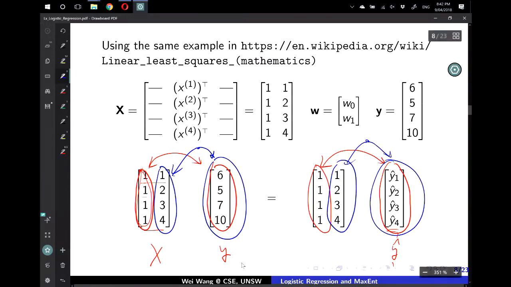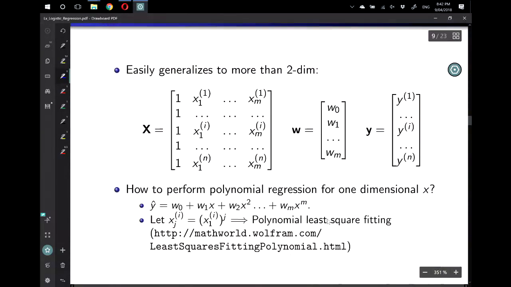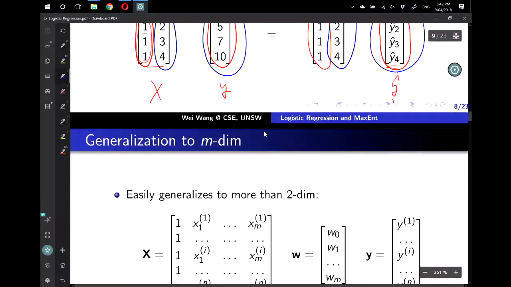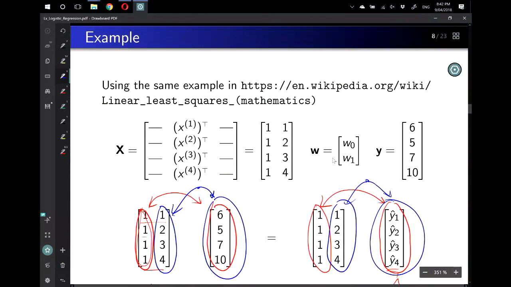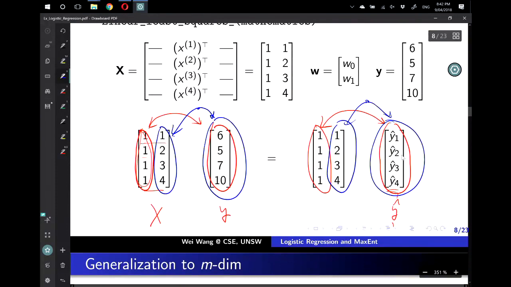Okay, so if you just, I don't have the example here, but essentially if you write down the whole thing, once you know the vector format, essentially you write out, because each y1 estimation is going to be w times this vector. So basically you write down two constraints and solve the equations, and you actually can get the W0 and the W1.